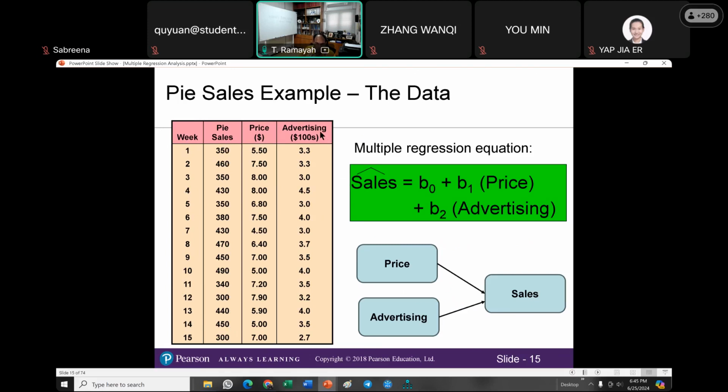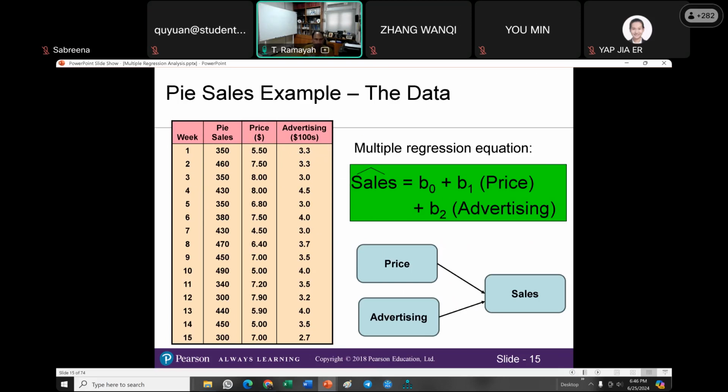This is the amount of advertising in hundreds for the 15 weeks. So when you write 3.3, it is actually 3.3 times 100. Okay, so you move 2 more places, 330. This value is actually 330, but we put 3.3 because it is already in hundreds. Okay, that's how you understand your data.